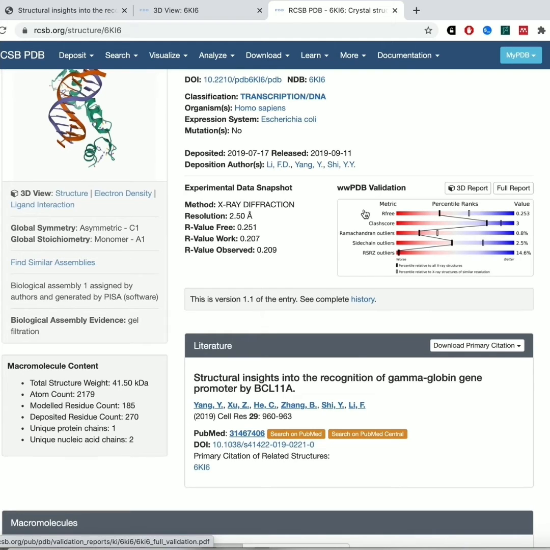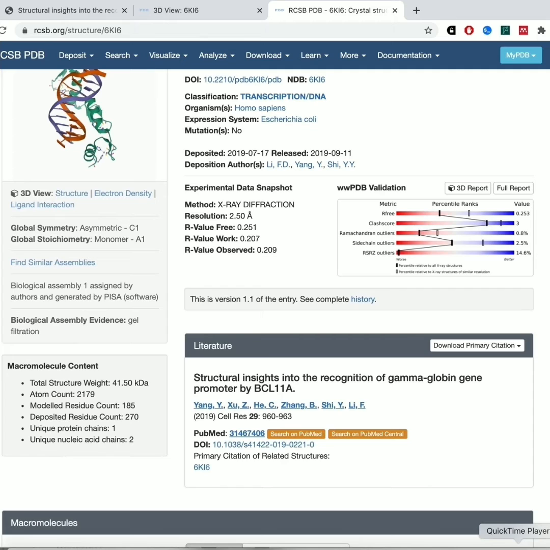We can think about this in terms of the protein backbone, which is represented with the Ramachandran outliers, and then the side chain outliers, and then the RSRZ outliers, which is kind of like whether things are sticking out of the map that you built. That's a little different. But with the Ramachandran outliers and the side chain outliers, you're looking at the geometry of the bonds and the positions of the side chains.